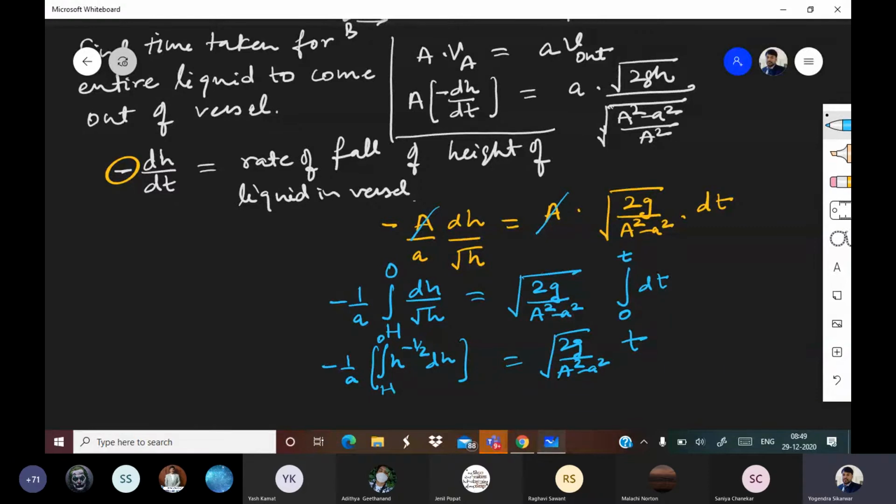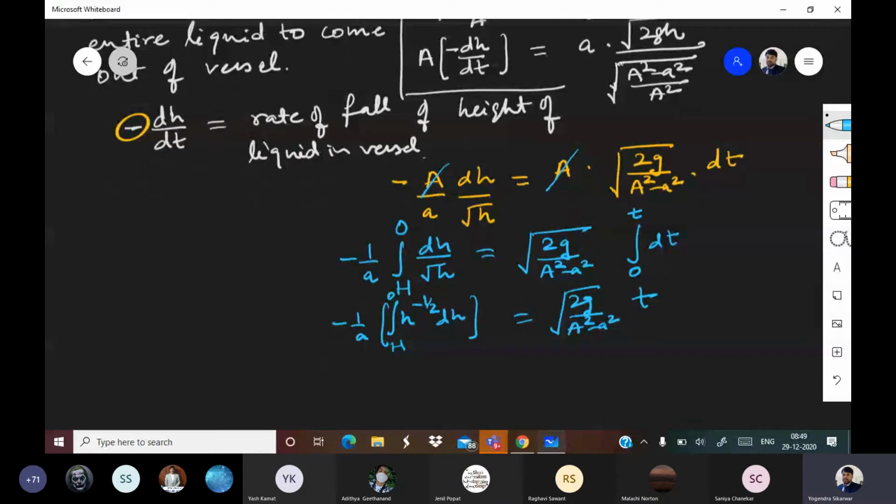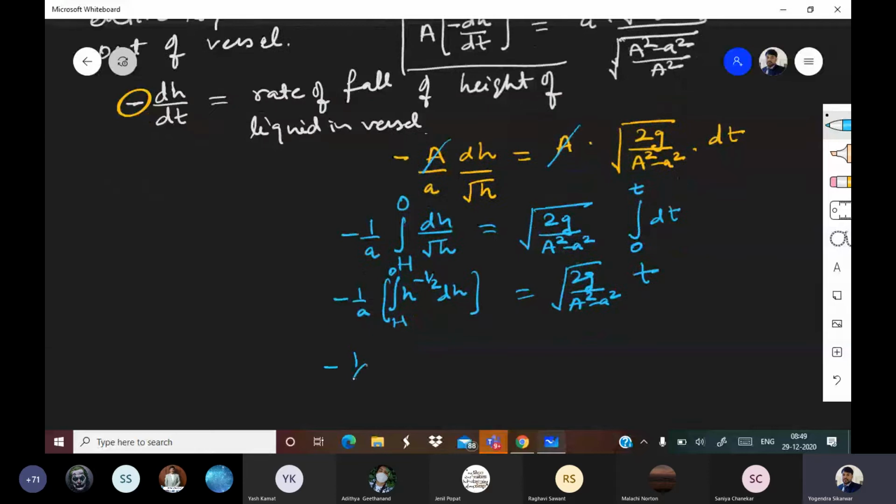So now this becomes very easy. So minus 1 upon a, and this will be h to the power half upon half. Upon half means 2. I have written it directly.